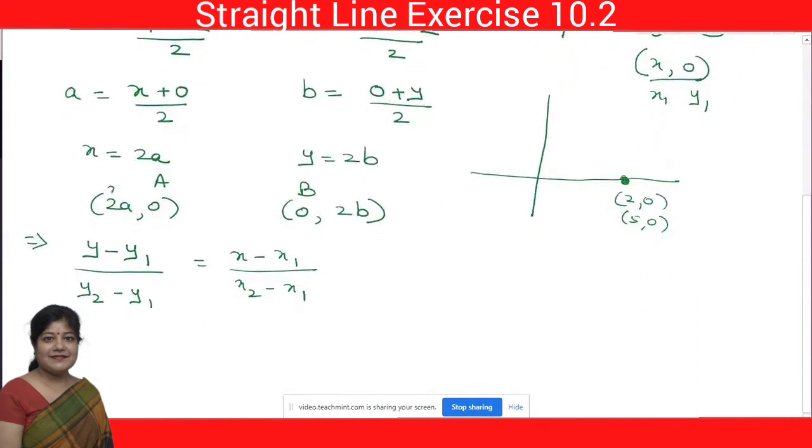Now listen, this is x1, this is y1, this is x2, this is y2. Now we substitute the values. So y minus y1, that is 0, over 2b minus 0. Now here x1 is 2a, then x2 is 0, so 0 minus 2a.